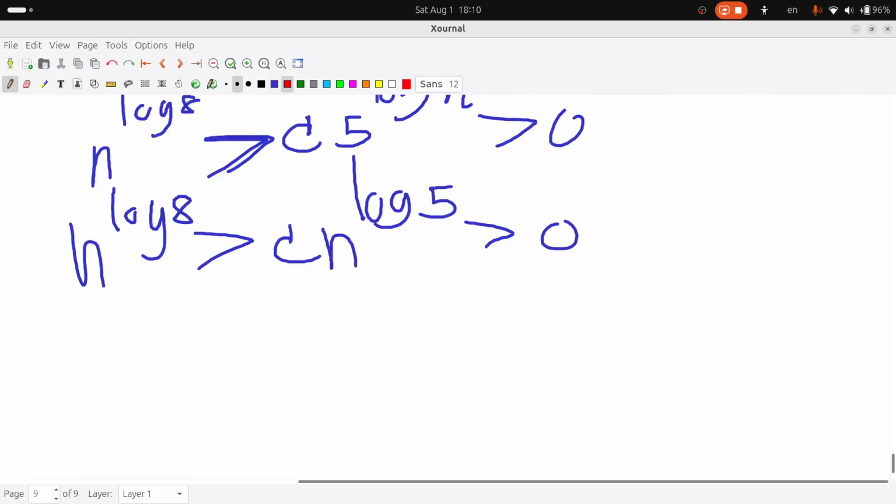So what we can write, we know that log n is greater than log 5, and here what can we continue?